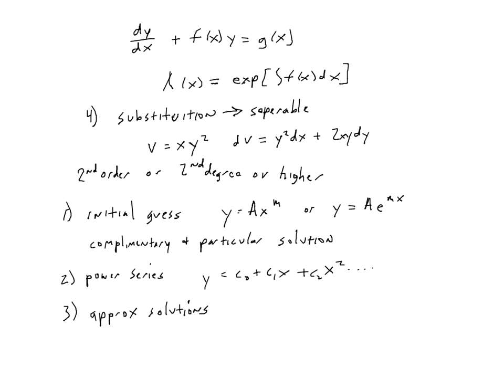If it's second order and second degree or higher, then you do your initial guess of what the solutions would look like. One other thing you can do is a substitution to try to turn the second order equation into a first order equation. But there's a lot more creativity involved when you're talking about second order and higher, so you can do substitutions here too.